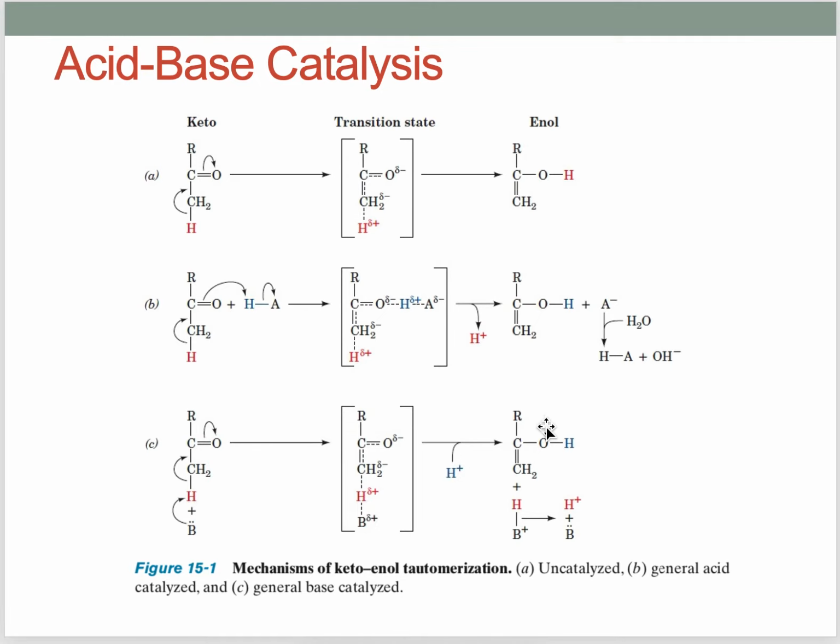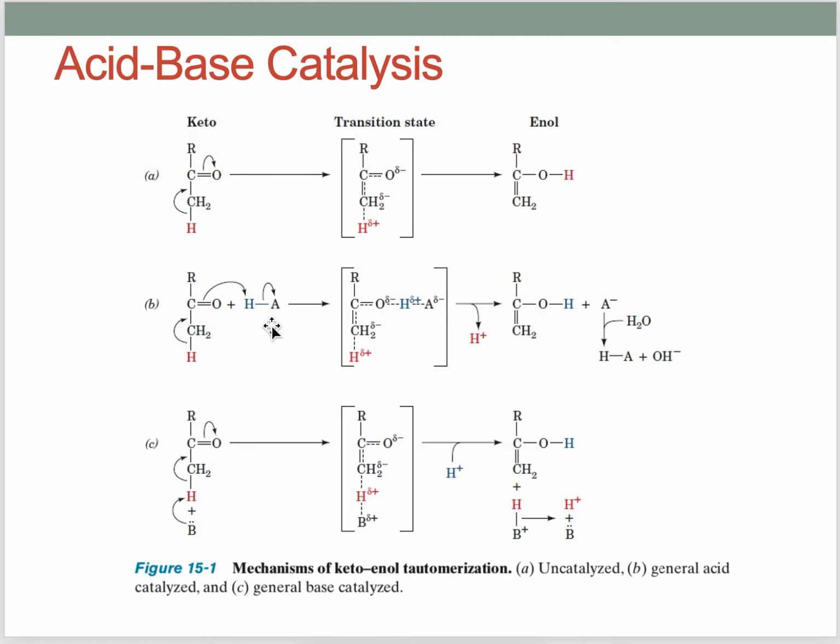Okay, and thus enol will be formed. So in this reaction, the enzyme is acting as a base. That's why it is called base catalysis. So this was an example of acid base catalysis.